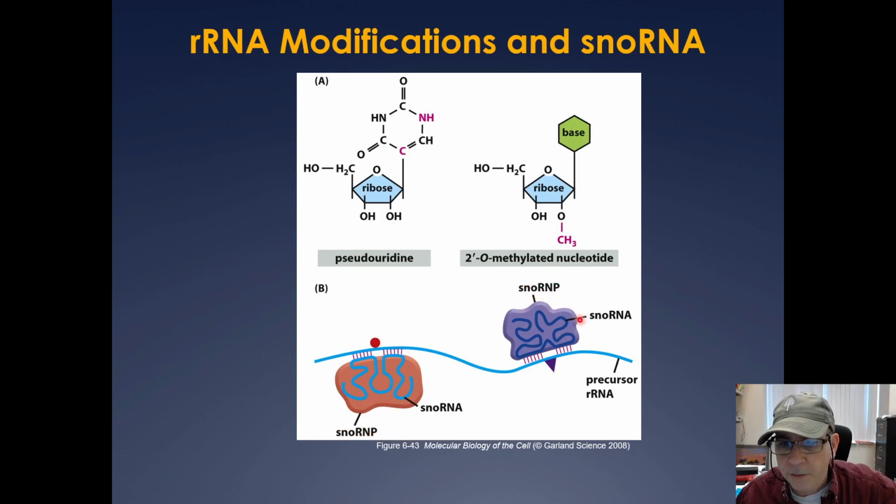The snoRNAs hydrogen bond in and around where the modification is to occur, while the snoRNP actually causes the change in the base.